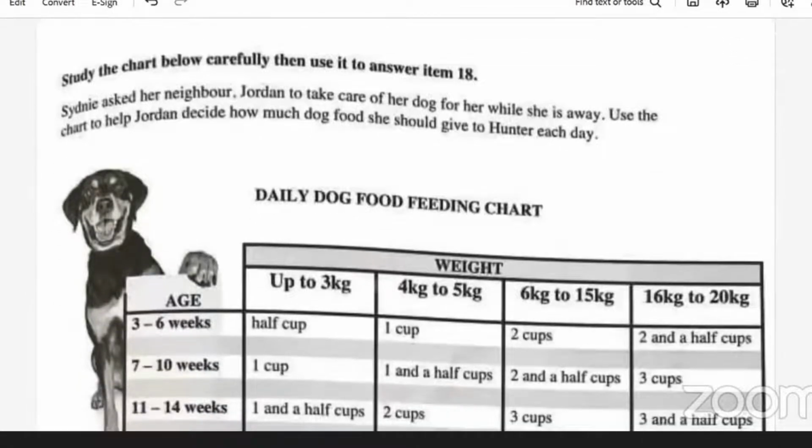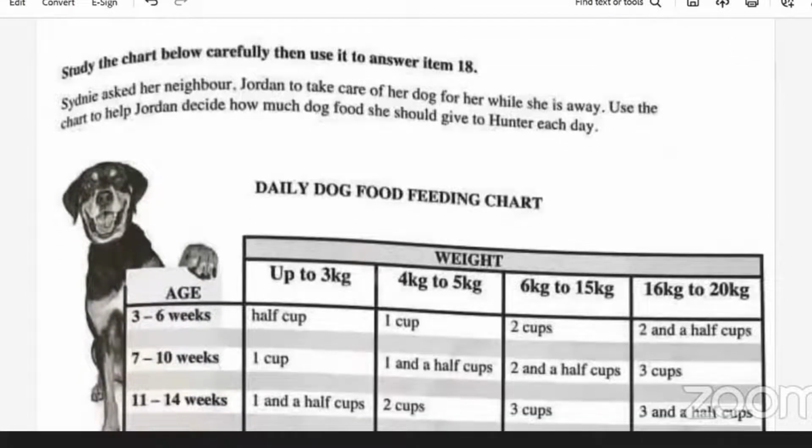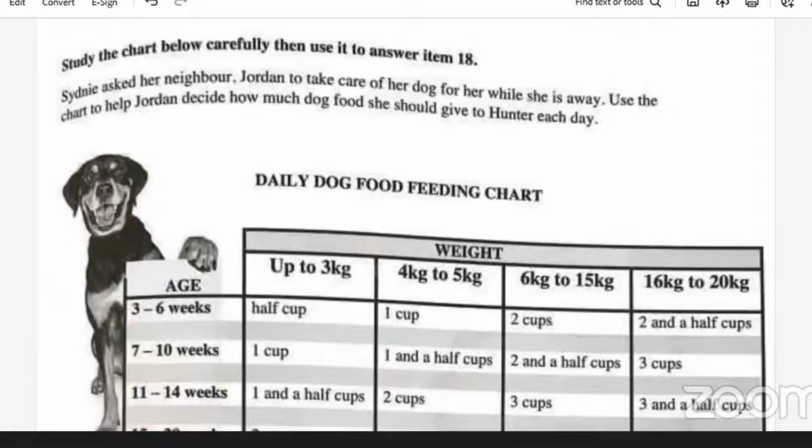All right, so for question 18, we're going to study the chart below, then use it to answer question 18. Sydney asks her neighbor Jordan to take care of her dog for her while she is away. Use the chart to help Jordan decide how much dog food she should give Hunter each day.